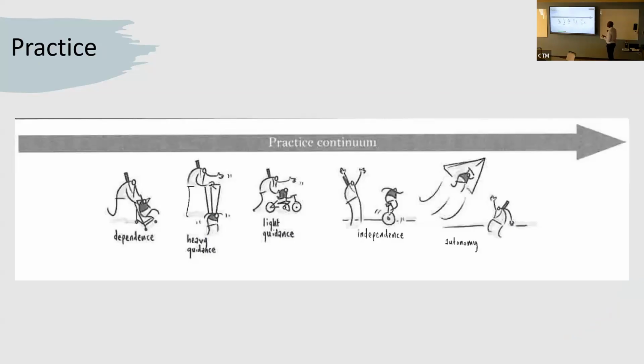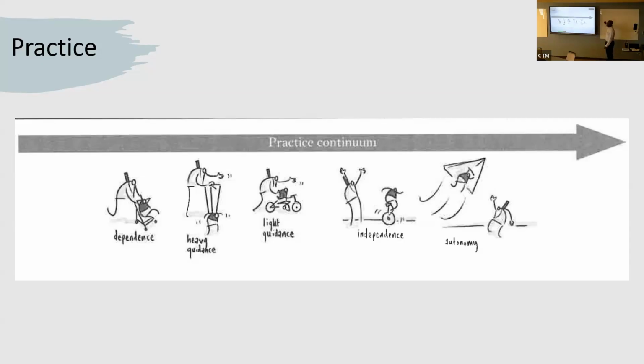This is the continuum of practice. From the beginning, because our students are neophytes, okay, they do not know much of what we are talking about, they will need heavy guidance, right? They are heavily dependent on us to help them practice.